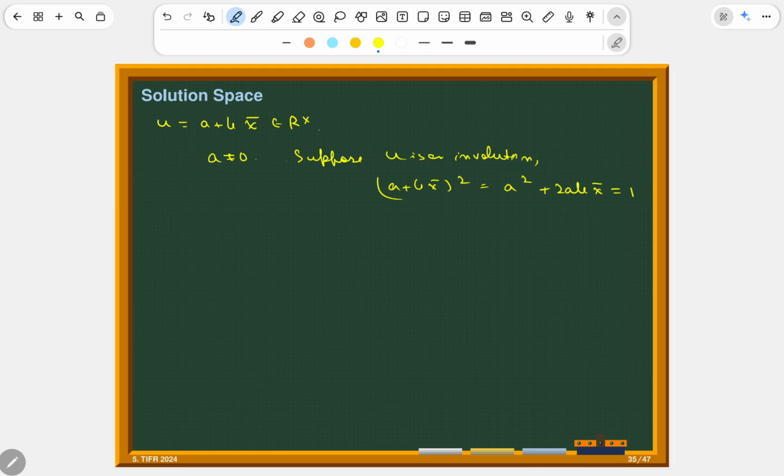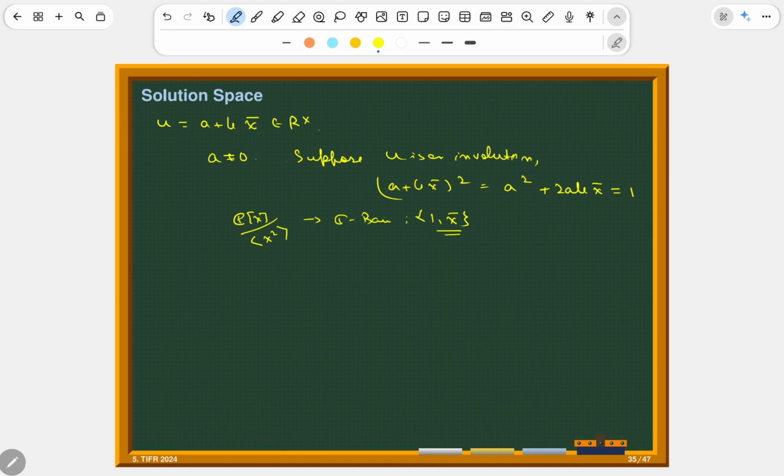It should be 1. Now if you equate this, since we know that C[x] mod x squared has a C basis, it is a 2-dimensional vector space over C, so it has the basis 1 and x bar.